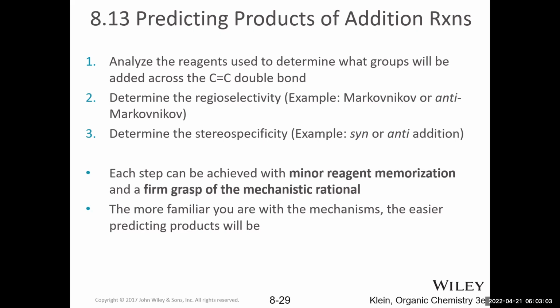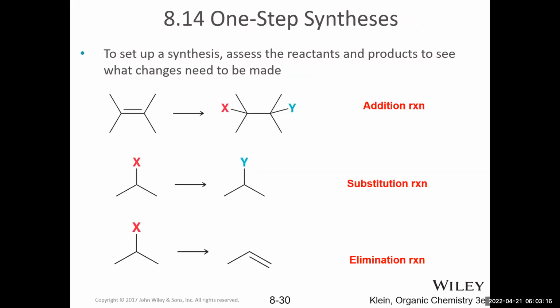Those sorts of things really help you to remember and not just rely entirely on memory. And the more familiar you are with these mechanisms, the easier it will be to remember the selectivity in the reaction. Because sometimes you may forget if you rely entirely on memorization, but if you understand the mechanisms and understand the reason behind the result, it helps.